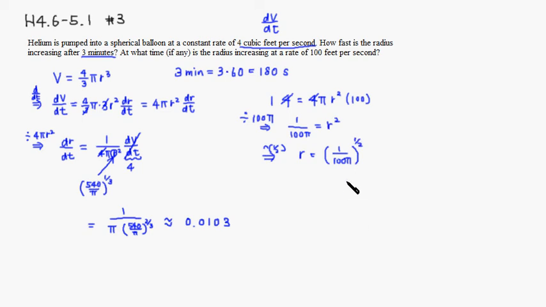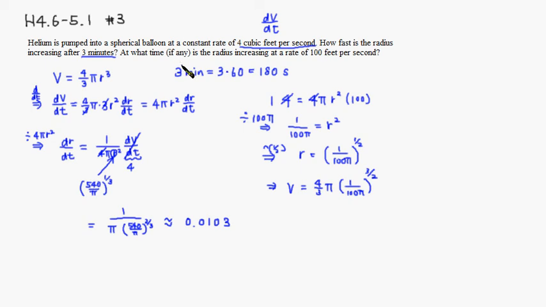Then we need to find V, but V is just plug it in. So it's 4/3 pi, and r is going to be 1 over 100 pi raised to the 1/2 and cubed, so it's a 3/2 power. That's the volume when dr over dt is equal to 100.